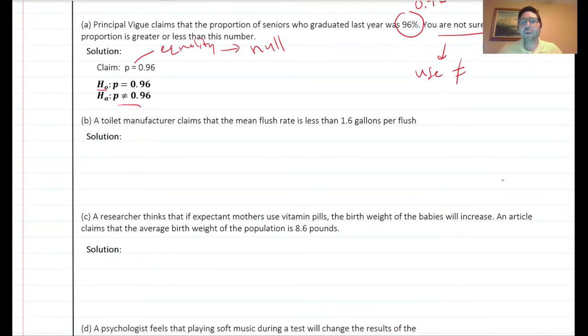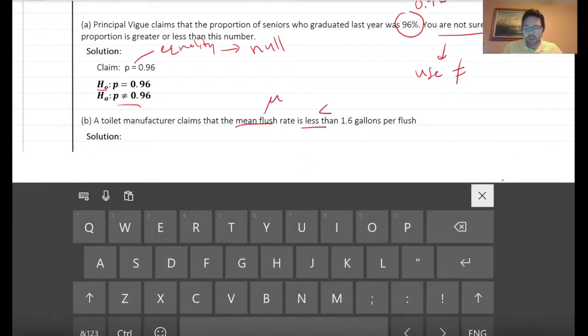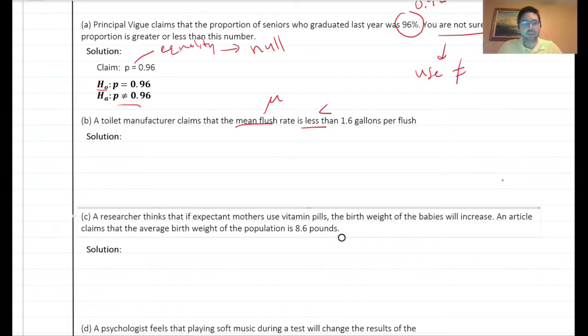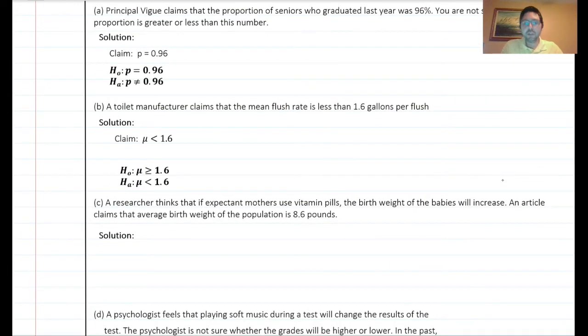All right, so for part B, which means that's my alternative. So for part B, a toilet manufacturer claims that the mean flush rate is less than, so it's going to be the less than symbol, 1.6. So less than, that's a statement of inequality, which means that that's going to be the alternative hypothesis. So that means that the mean means mu, right? So mu is less than 1.6. That will be my alternative, okay?